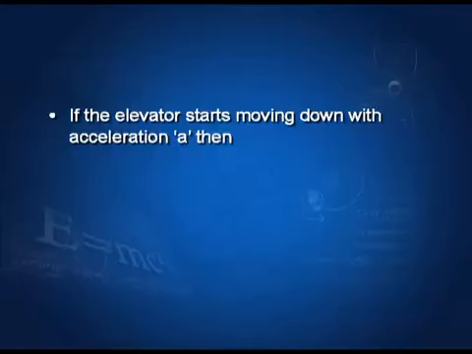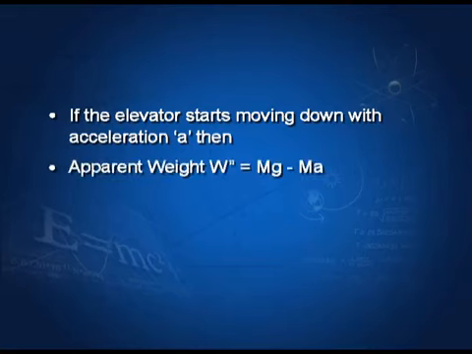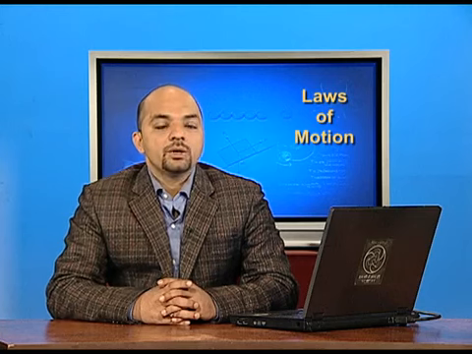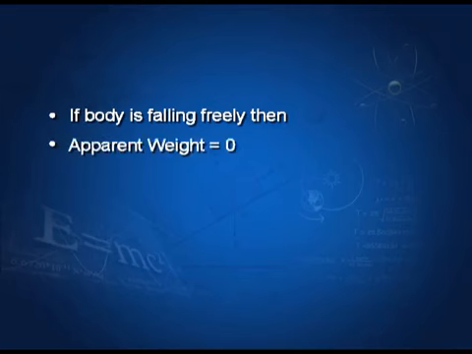If we consider another situation in which the elevator starts moving down with an acceleration a, then the apparent weight W dash will be equal to mg minus ma. In this situation, the person feels reduced weight. If a body is falling freely, then apparent weight equals 0, and we say that the body feels weightlessness.